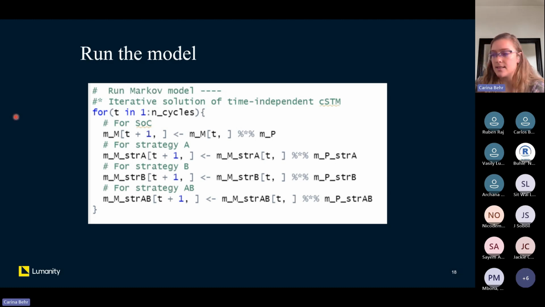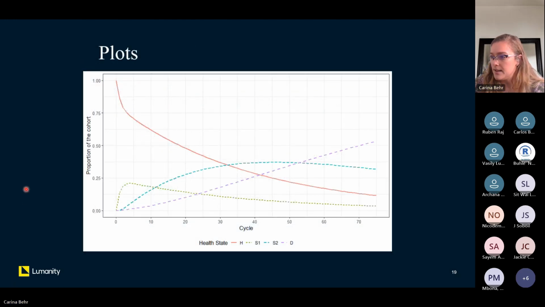So it calculates how many patients, or the proportion of patients, are in each health state. And because it is predefined code, it also includes lovely plots, which is very nice. It helps you to look at the model results and see whether they are realistic or what you expected.